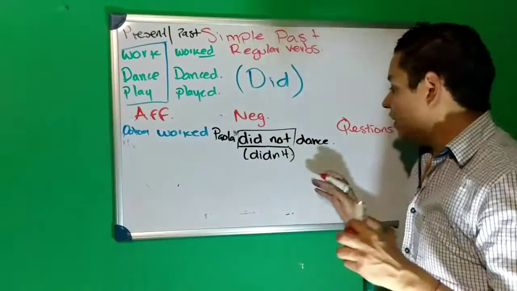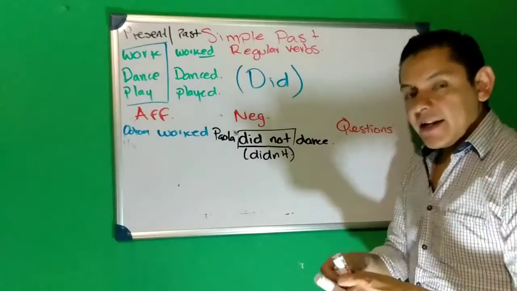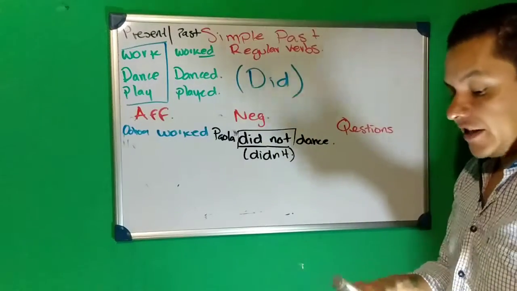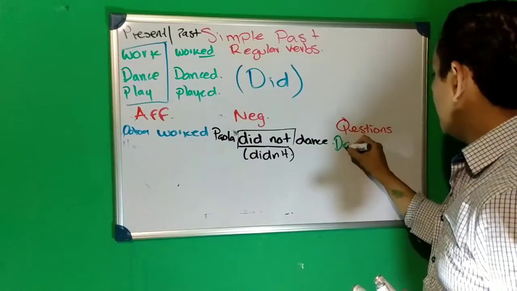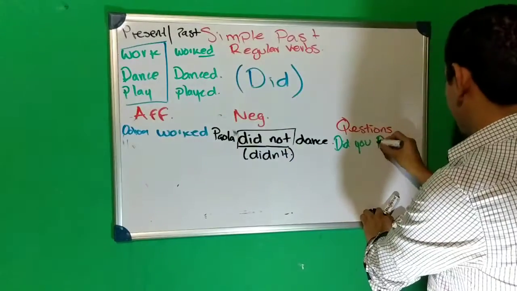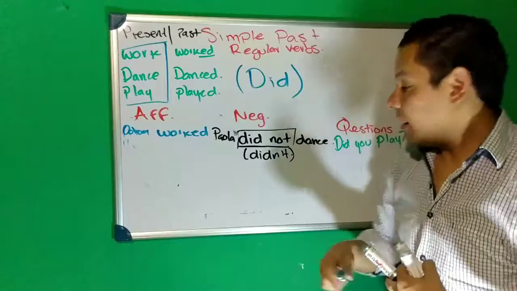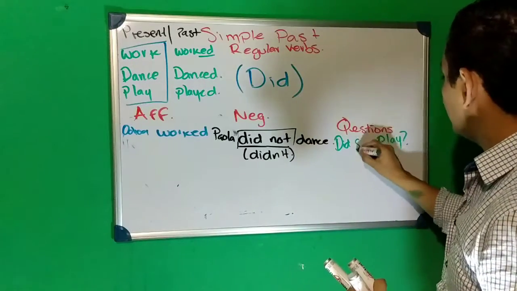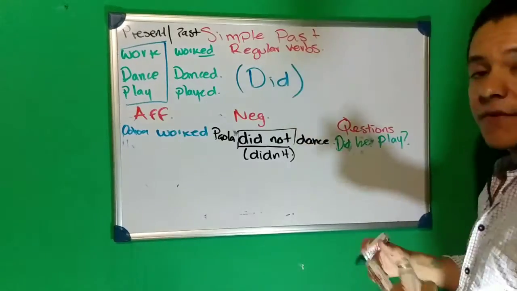Okay, for the questions, it is going to happen the same. We're going to use our auxiliary did, and it is going to be at the first of the sentence. How? For example, did you play? Yes. Or it can be, did she? Did he? It doesn't matter.